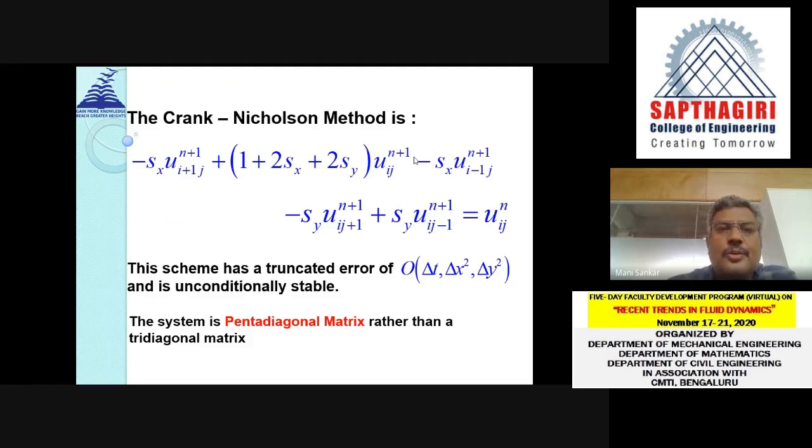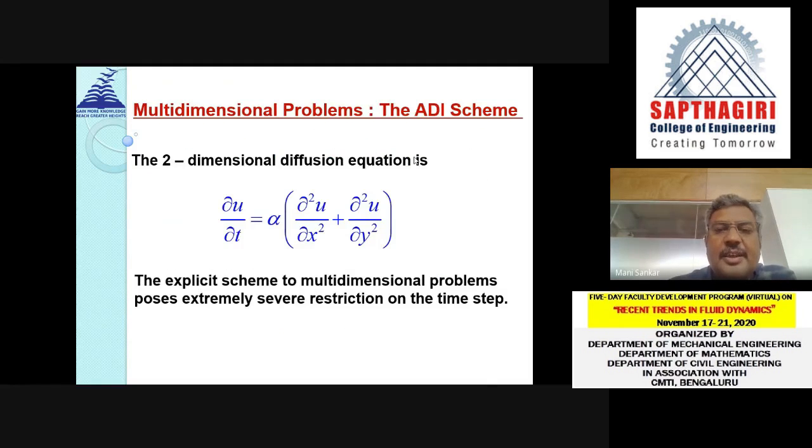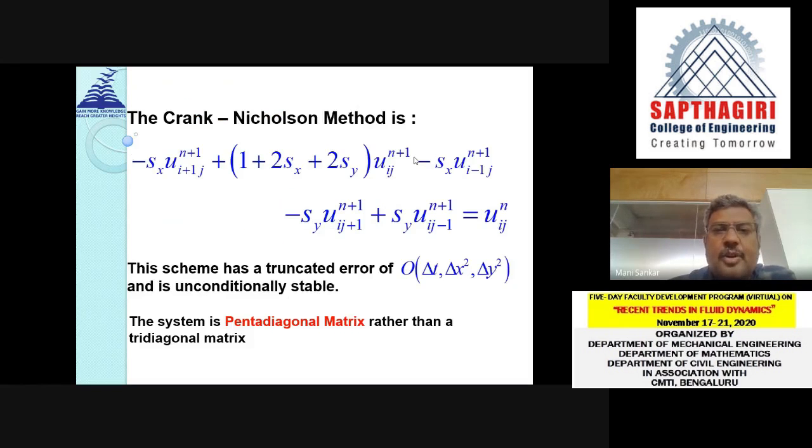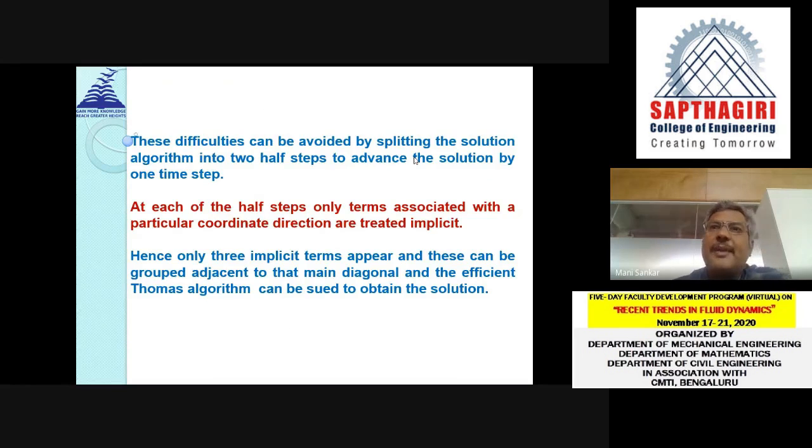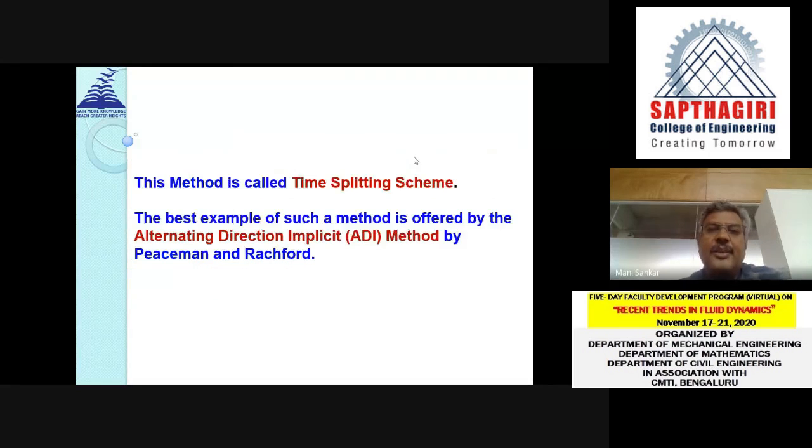When you go for an explicit scheme, it definitely poses a severe restriction, particularly for a multi-dimensional problem. And if you go for a Crank-Nicolson method, it produces a pentadiagonal matrix rather than a tridiagonal matrix. So the alternative is to go for time-splitting algorithms. One of the most popular algorithms is the ADI method, that is, the alternating direction implicit method.